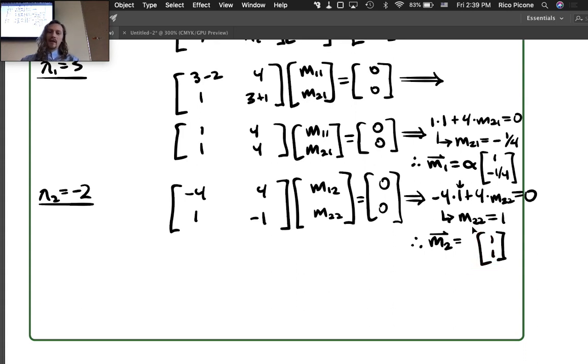Any scaling of this is also valid. So if you had chosen m12 to be 7, then m22 would need to be 7 as well. So I will put in this scaling factor, beta, any real number, for that one. So those are our eigenvectors.